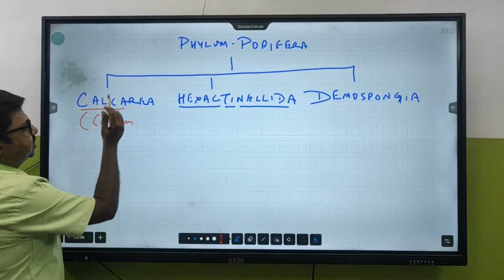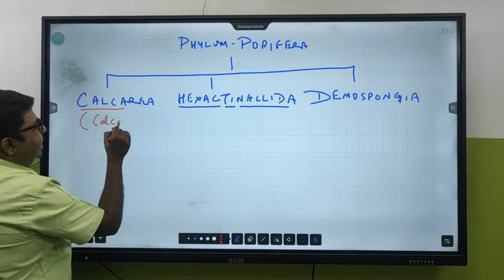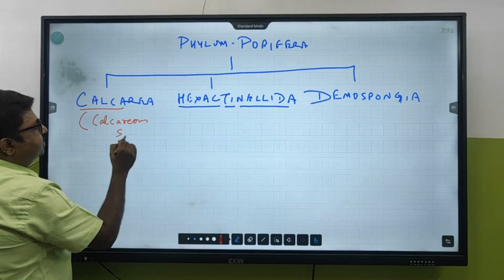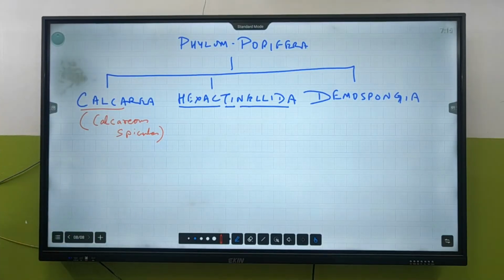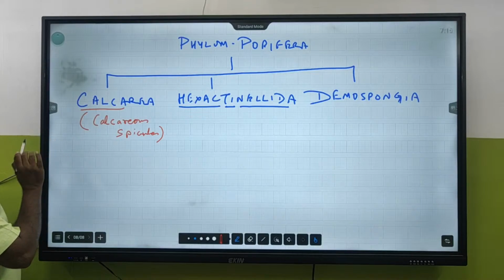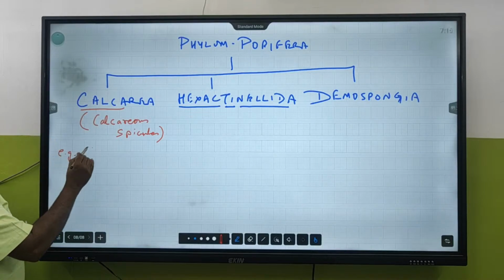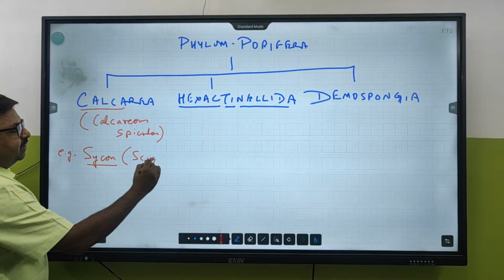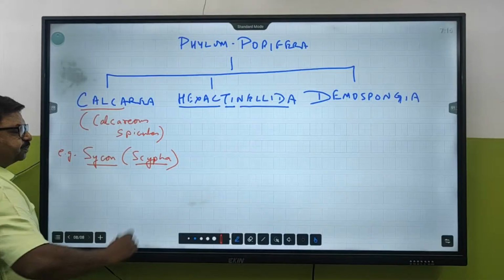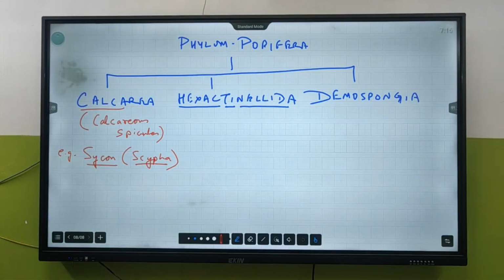Calcareous spicules are predominant in them. Fine. So what should be the example of this? The example of Calcarea is Sycon, which is also called Scypha. Sycon is the best example of it.